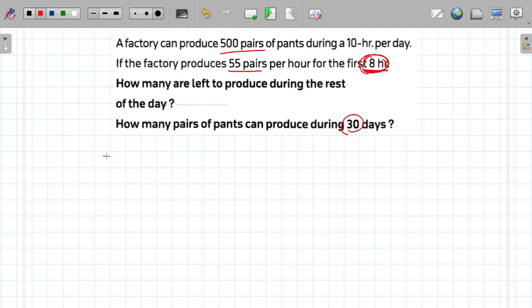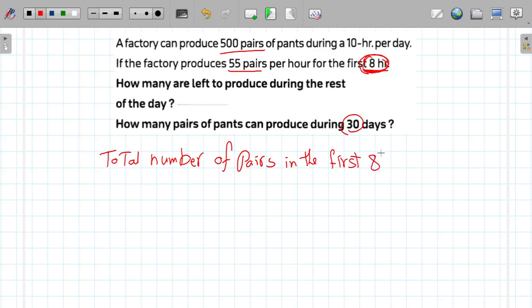So I wanted to find the total number of pairs in the first 8 hours. Okay, so in every hour he produces 55 pairs, so in 8 hours I will multiply by 8.